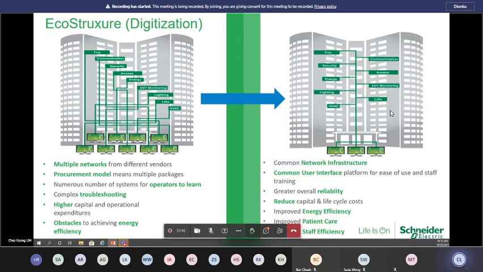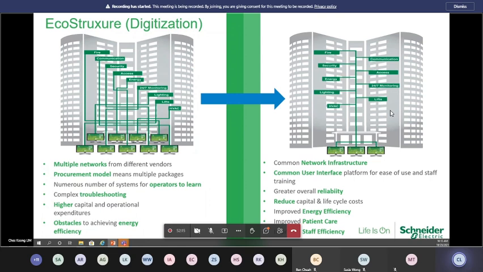So in Schneider's perspective, when we talk about the process of digitization, we would normally like to integrate all these systems together into one single platform or one single network. That is where our BMS, EBO, or maybe our PSO come in; we are open. As long as the systems can speak the proper language, the international language or the open protocol that the industry calls, we are able to connect the systems up.